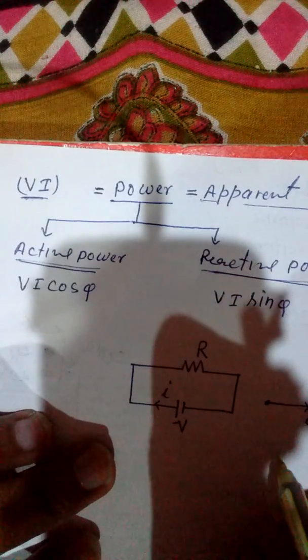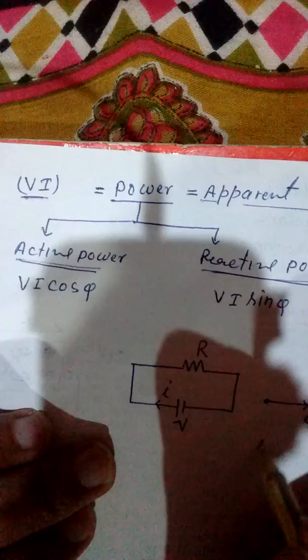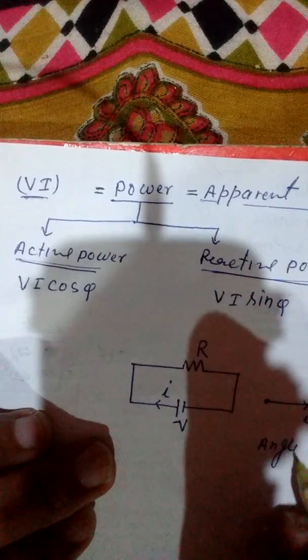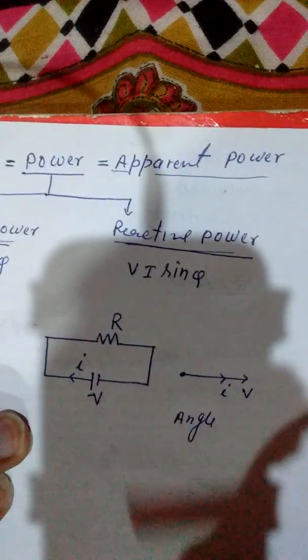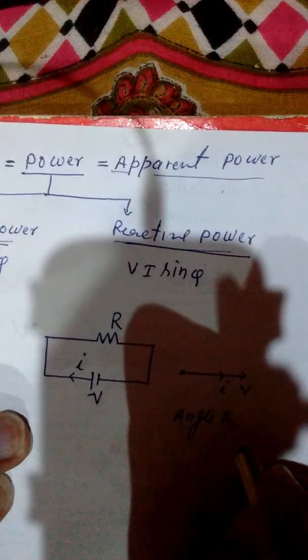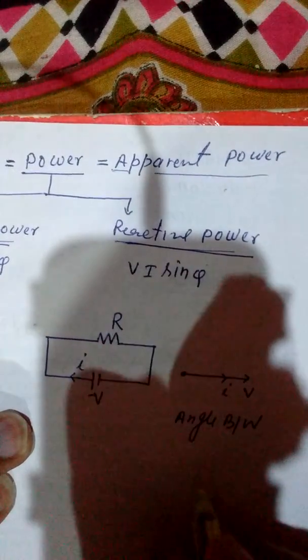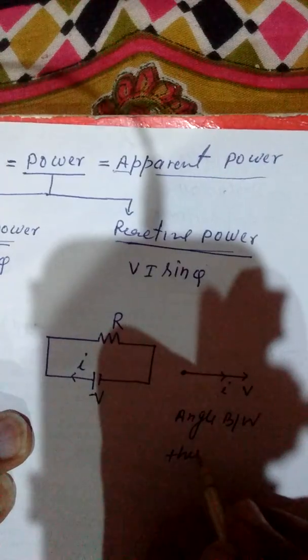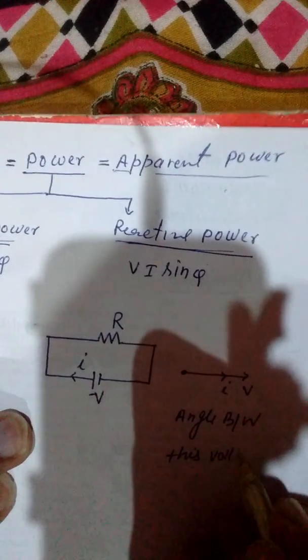And what is phi? Actually, phi is the angle between this voltage and current.